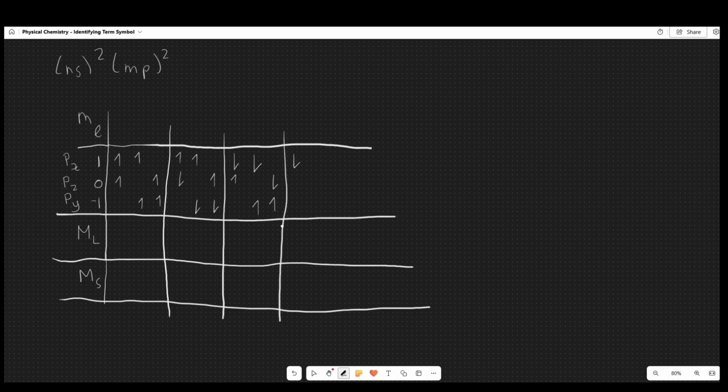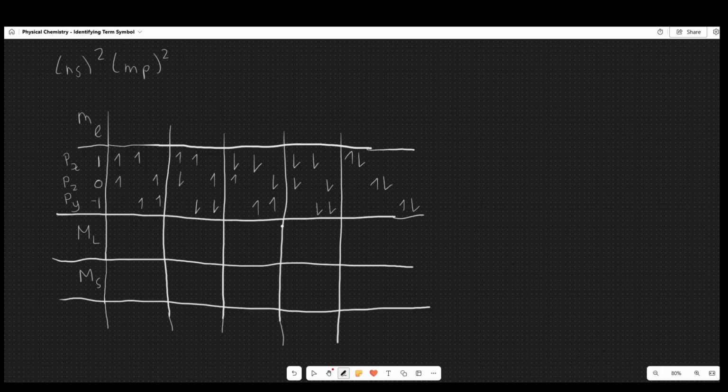And then we have both of them being down. And then we also have the possibility that both electrons are in the same orbital. So we have this as another possibility. Overall we have 15, right? 3 times 5, 15 different possibilities. So now how does this help us? That's the whole point.